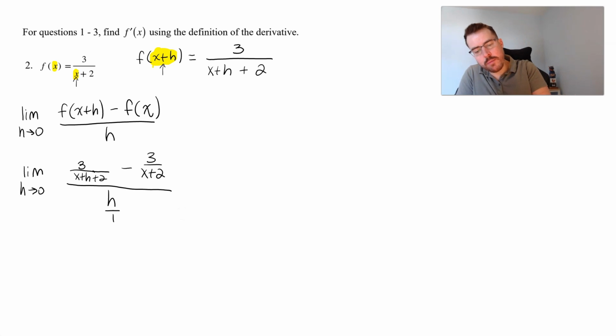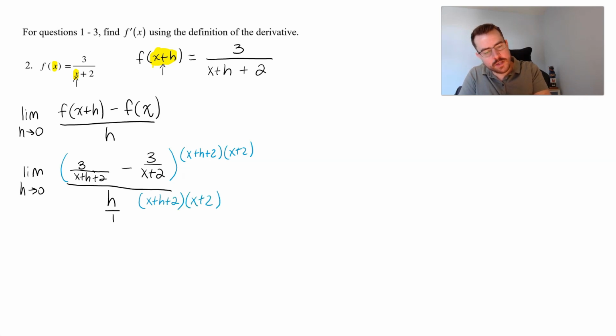Now, if you have trouble with this, just think of that h as h over 1. So the common denominator between x plus h plus 2, x plus 2, and 1 is just going to be x plus h plus 2 times x plus 2. So we're going to do the whole top times x plus h plus 2 and times x plus 2. So we're doing that to the whole top, and we're going to do it to the whole bottom. x plus h plus 2 times x plus 2.